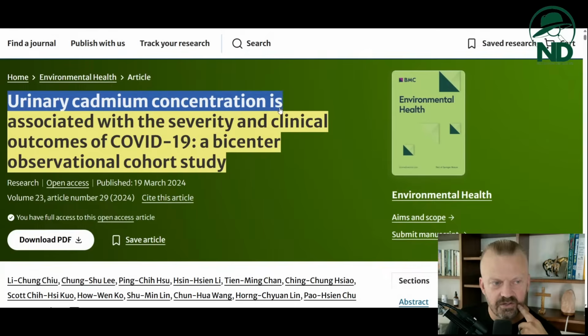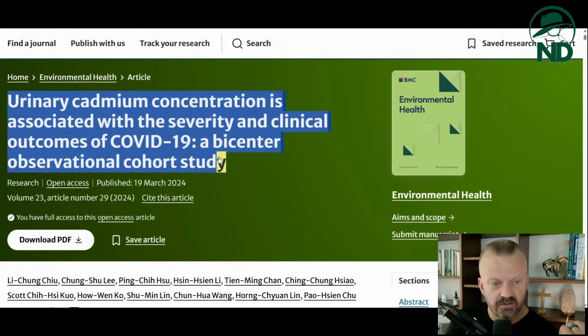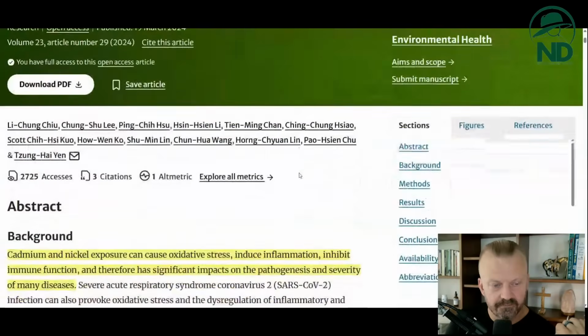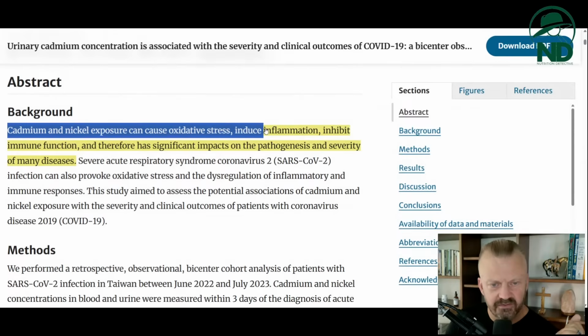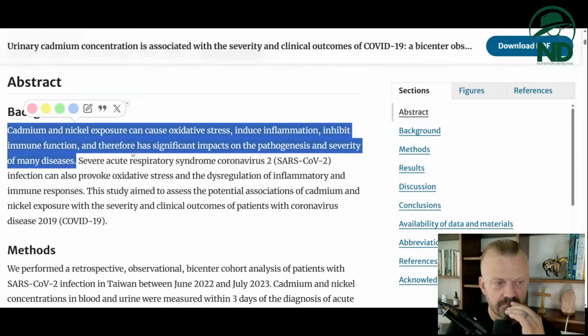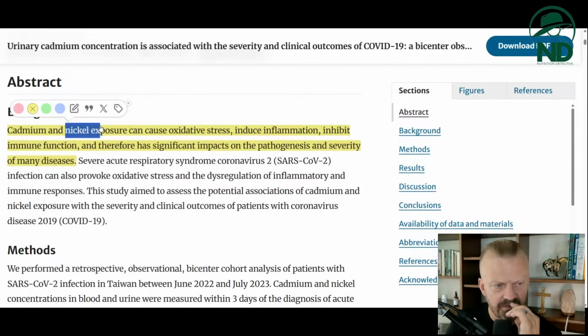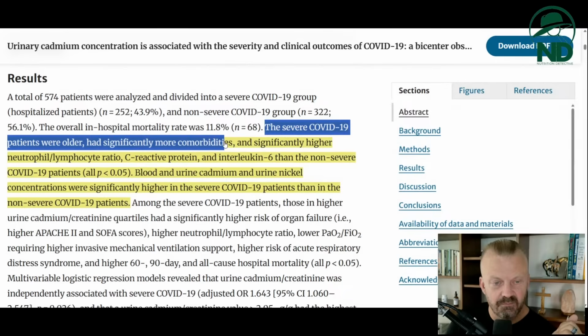Urinary cadmium concentration is associated with the severity and clinical outcomes of the COOF, a bi-center observational cohort study. So they start with that, just cadmium. Then they go, cadmium and nickel exposure can cause oxidative stress, induce inflammation, inhibit immune function, and therefore has significant impacts on the pathogenesis and severity of many diseases. Wow, did they just include nickel in many diseases? Interesting. The severe COOF patients were older, had significantly more comorbidities.